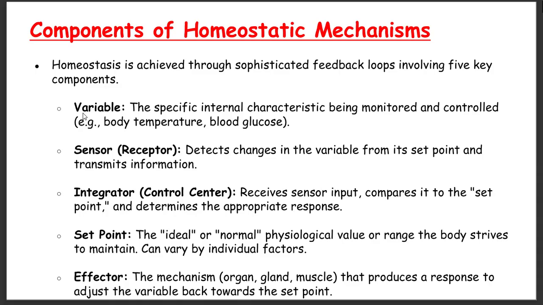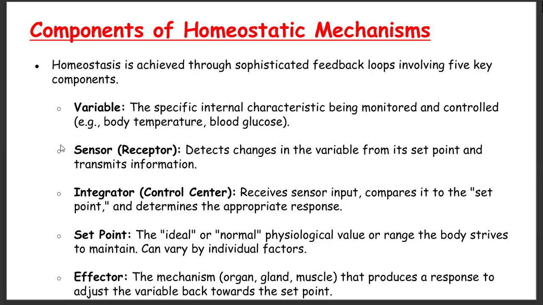And when you look at the nervous system, one of the things it does is sense the changes that are occurring in the environment of the organism, either the internal or the external environment. So one of the components of a homeostatic mechanism is this part of the nervous system that we call a receptor.